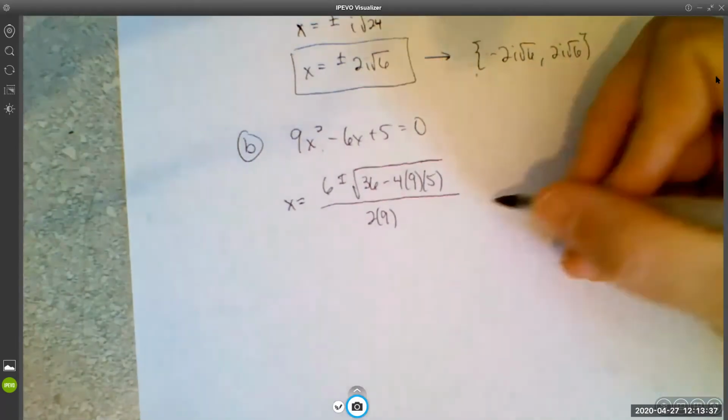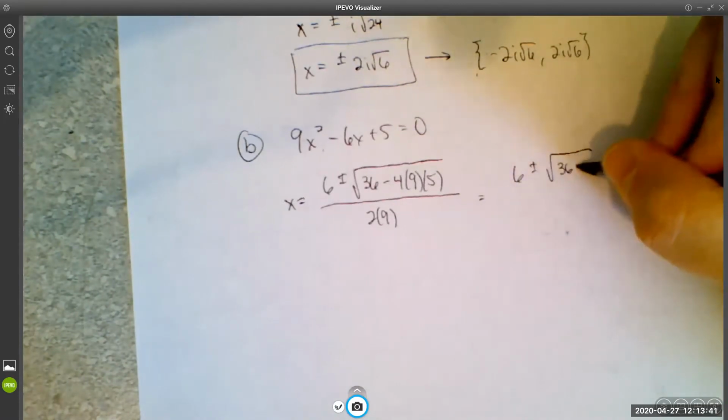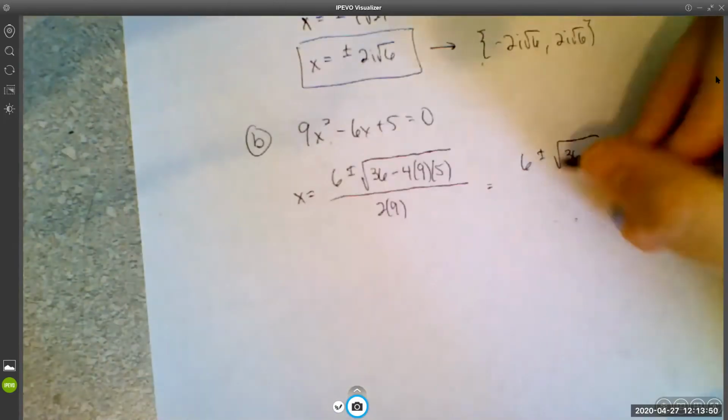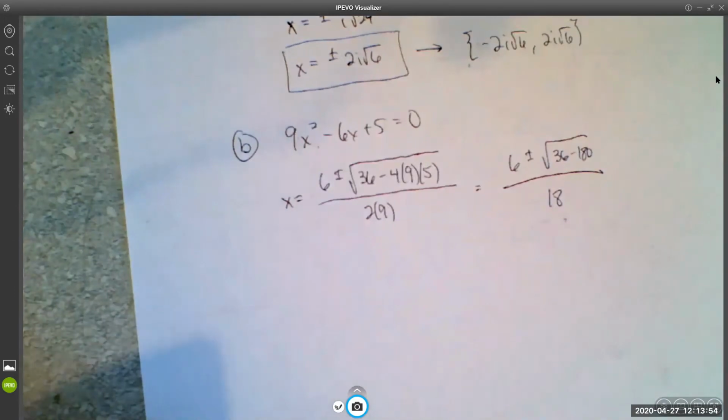Well, let's see what it is. 36 minus 180. It's negative 144.